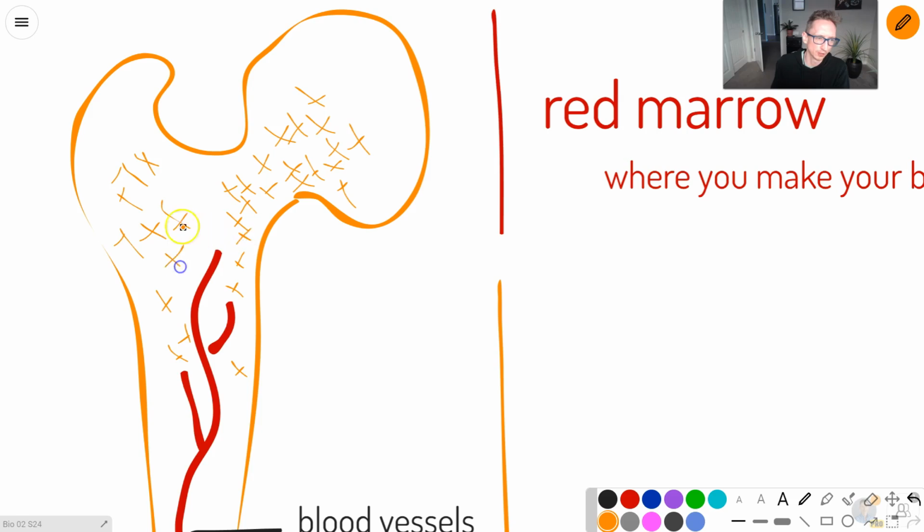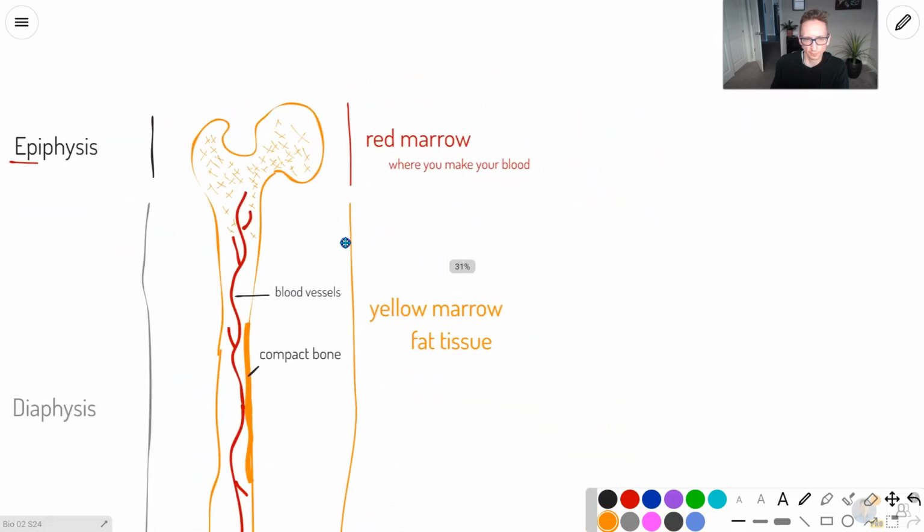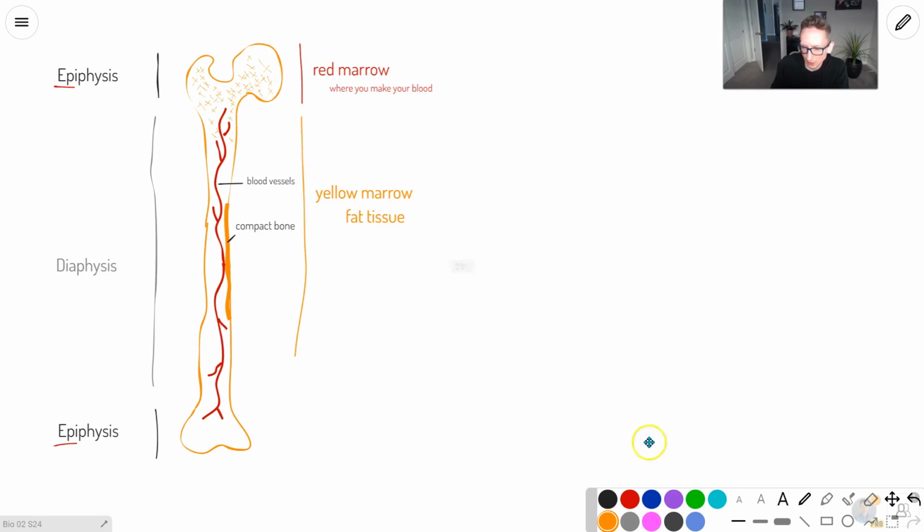And I'll show some pictures of this here in a minute, so you can get an idea if this is confusing to you. I think I may have actually shown a little bit of this. All right, so then we got that with the epiphysis, and this is our spongy bone.